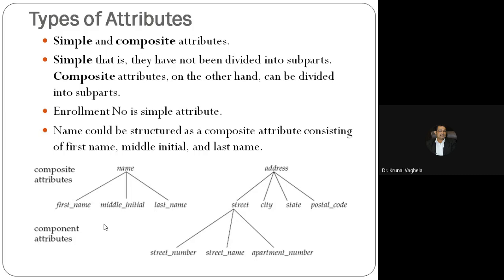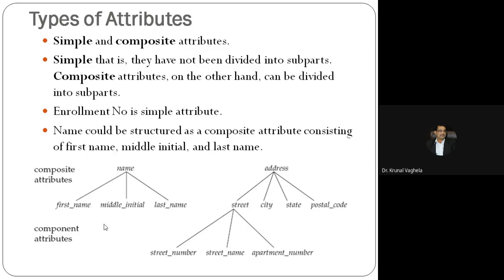Can you divide your enrollment number into multiple parts? No, it's a single enrollment number. Same with your GR number. But what about your name? Name can be divided into subparts: first name, middle name, last name. So your name is a composite attribute because multiple components are involved in it.